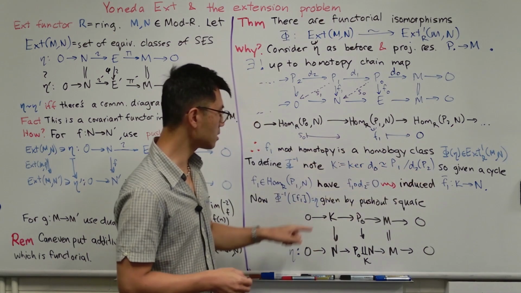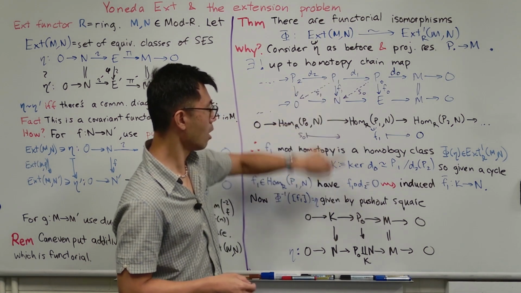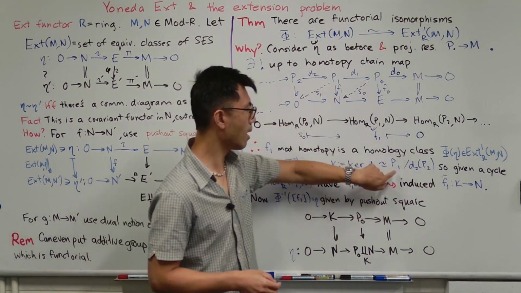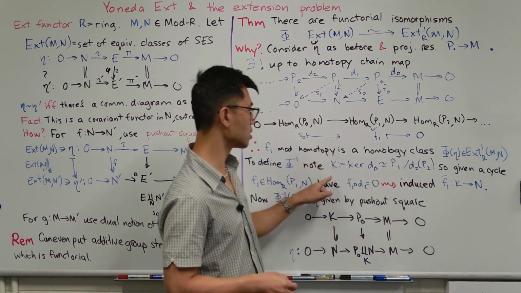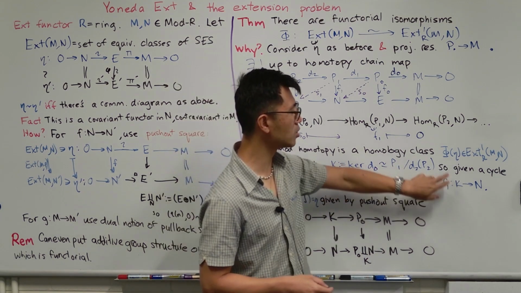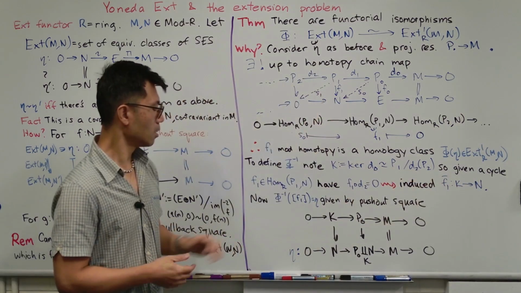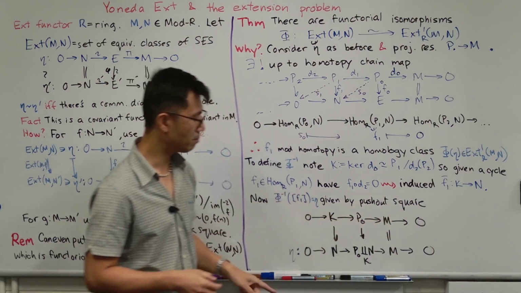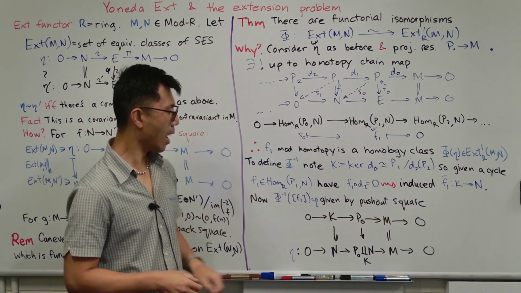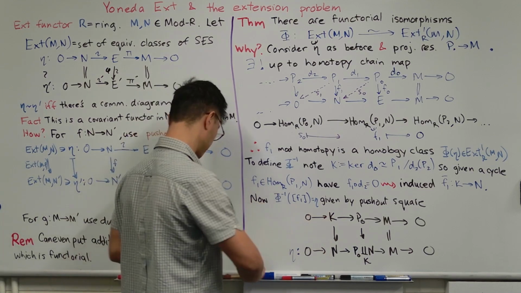So that means that this map F1, from P1 to N, will factor through this quotient P1 mod D2 of P2, which is isomorphic to K. So really you have an induced map F1 bar from K to N. So we've taken this short exact sequence now, which ends in M but starts with K, and we have this map K to N, which is F1 bar.